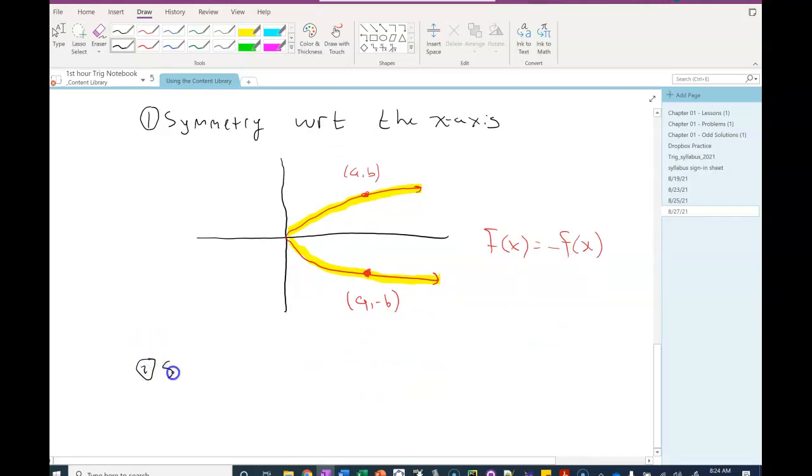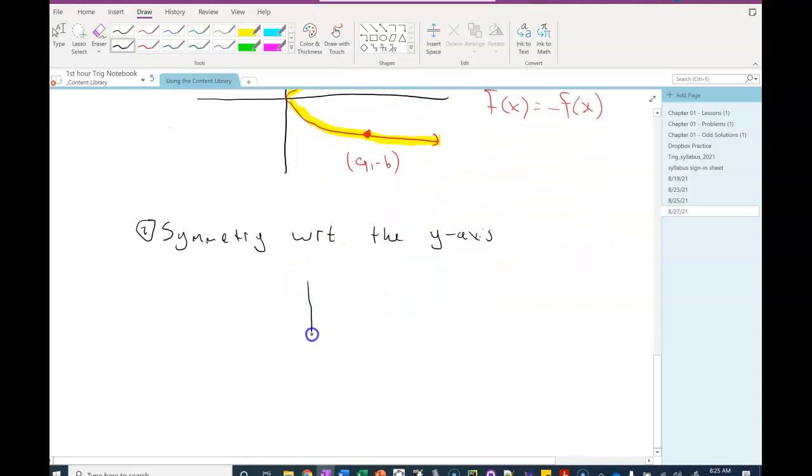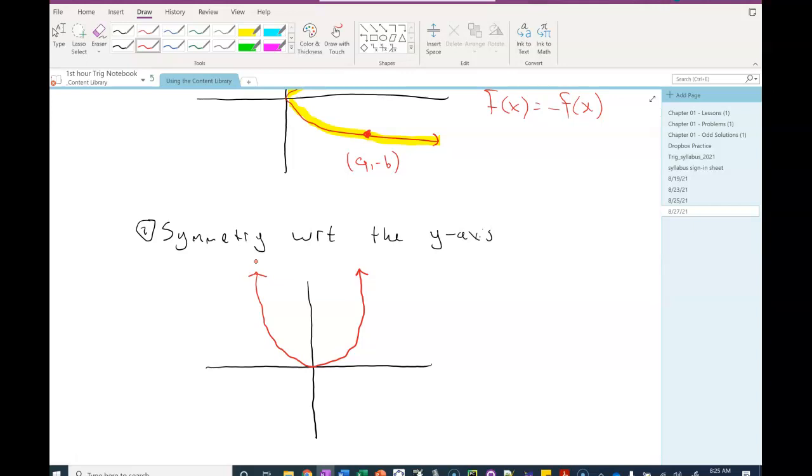Okay. Not surprisingly, if I have symmetry with respect to the x-axis, I can also have symmetry with respect to the y-axis. So what that'll look like is something like this. Where again, what we're saying is if I take the right side of the graph and reflect it across the y-axis, I should get exactly the left side of the graph.